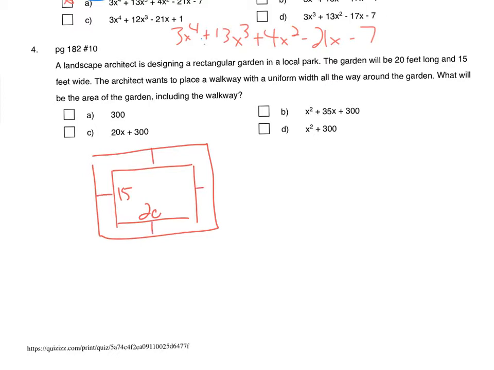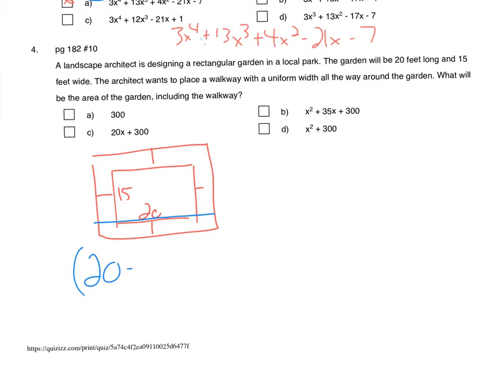So if I know that this distance here is going to be 20, what is that sidewalk doing to that 20? Does it make that side longer or shorter? Well, if I have 20 here, I'm going to put a walkway on each side. Did that increase the size of that distance or decrease it? It's increasing, so mathematically, what does increase mean? To go up, so we're going to add.